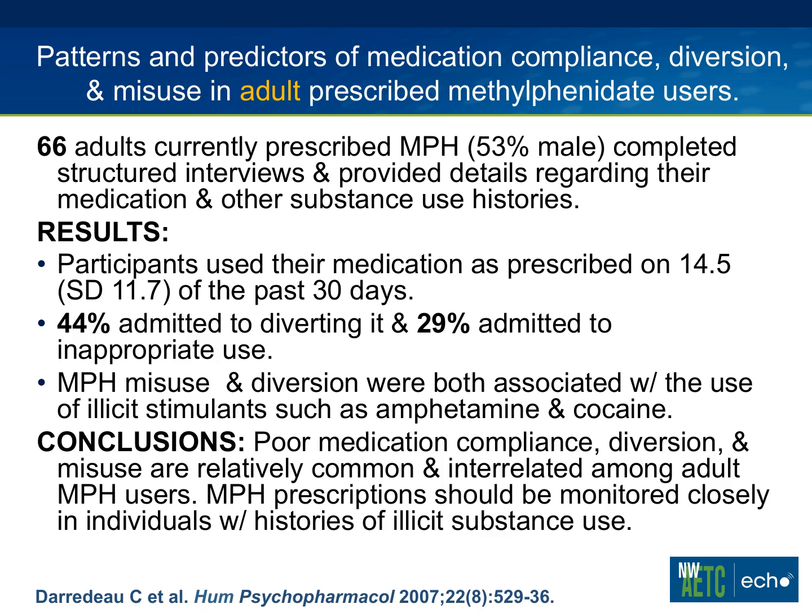Of course, some were both those who misused and diverted methylphenidate. They often had substance use disorders, particularly amphetamine and cocaine use disorders. So it's relatively common, and we do have to monitor the prescriptions closely in individuals with histories of illicit substance use. People may have past histories of substance use, but substance use disorders are chronic, and there are lots and lots of relapses in a person's life, or there could be.